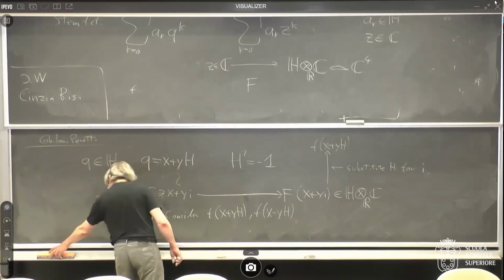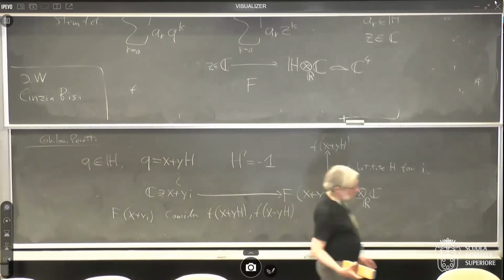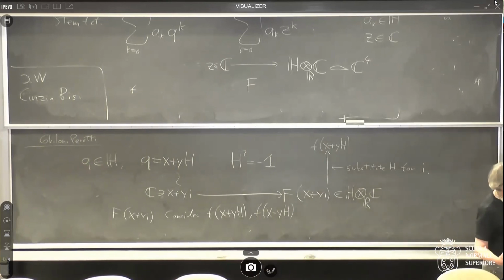There's a connection between the function values. And because there's a connection between the function values, it is not so surprising that one has the following theorem.